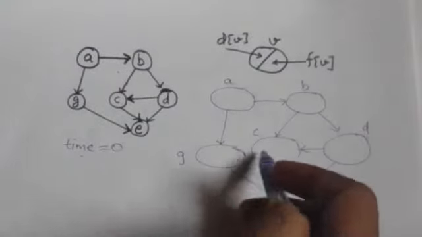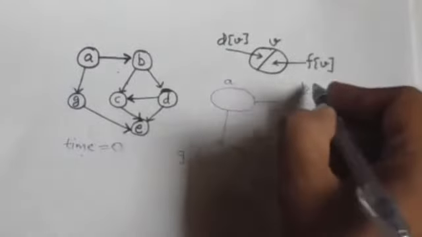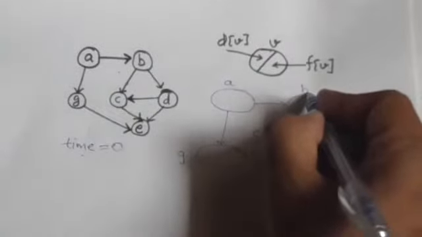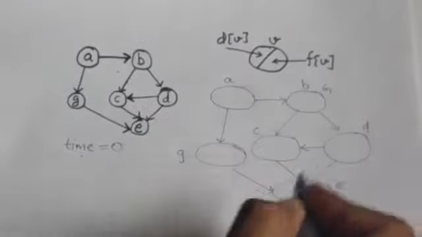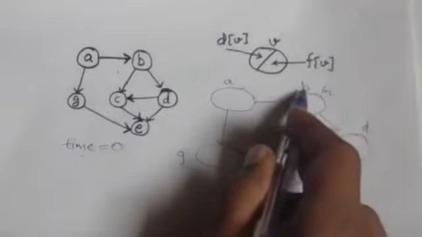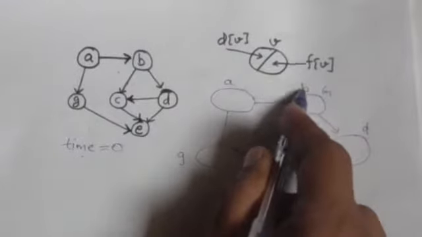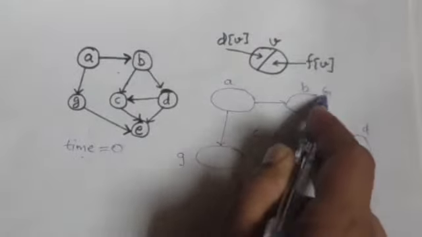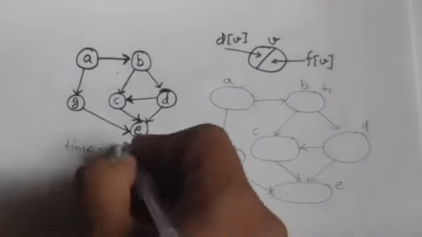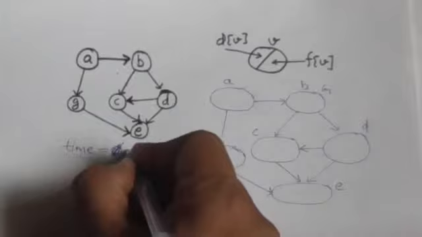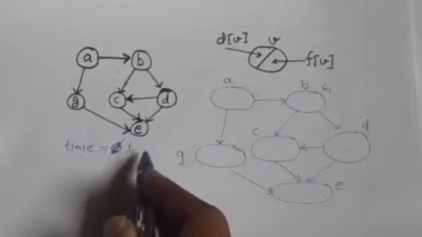So what will happen, first of all, the color of this white vertex b will be changed to gray, right? Now the color of this white vertex b has been changed to gray. Then the value of time variable will be increased by 1, so it will become 1, right?